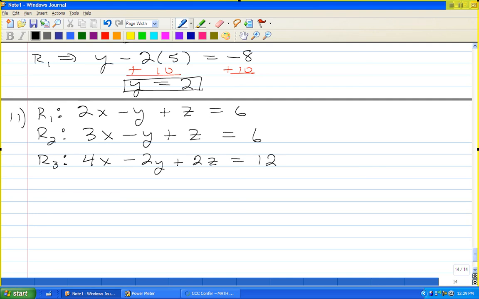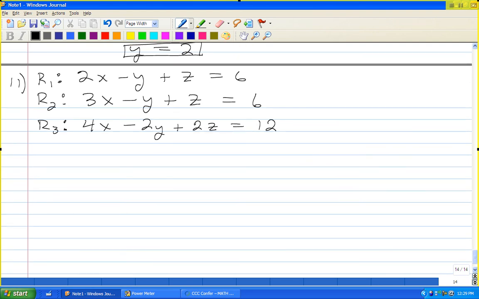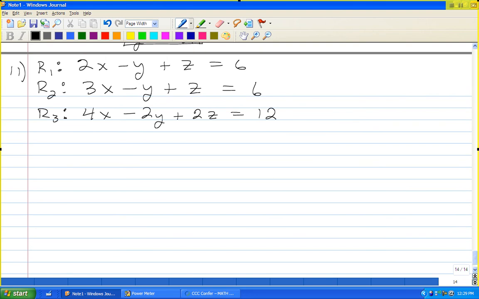Okay, so let's try to eliminate z. So I'll just take negative R1 plus R2.